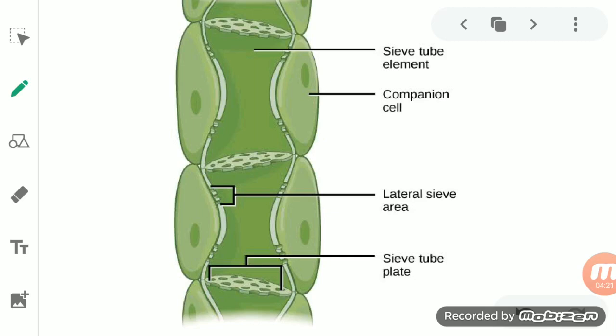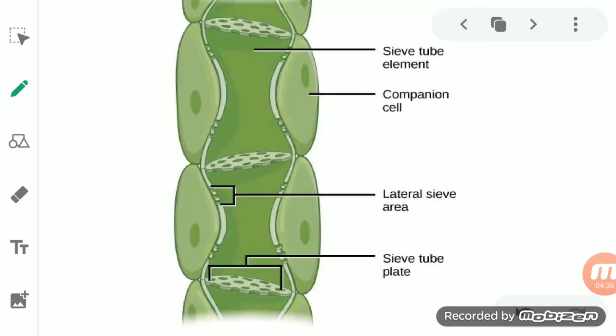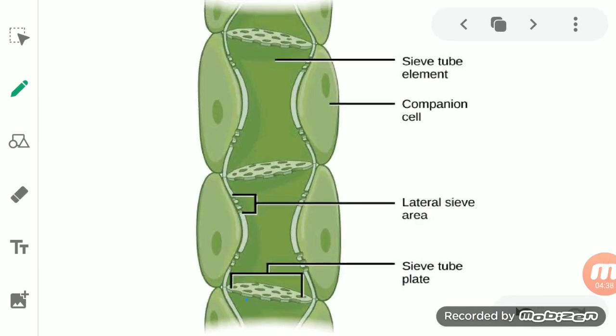Now, if we compare the sieve tube and the sieve cells, we find that the sieve tubes are little longer cells, and at the end they have a perforated plate. You can see here, students, this is a sieve tube, so it is little longer, and at the end is the perforated plate. Why are we using the term perforated plate?